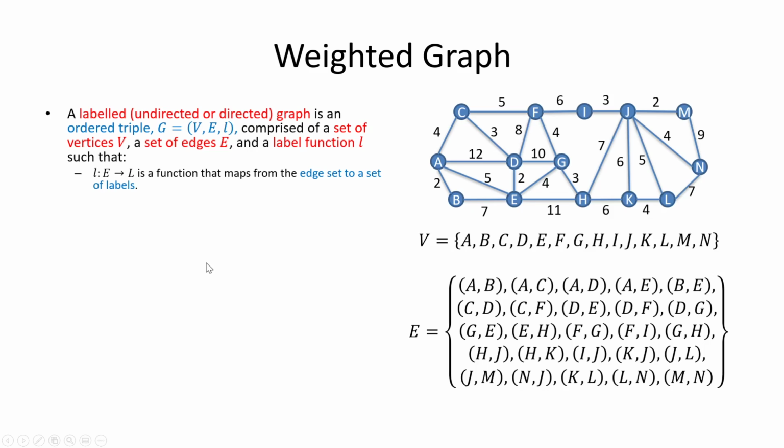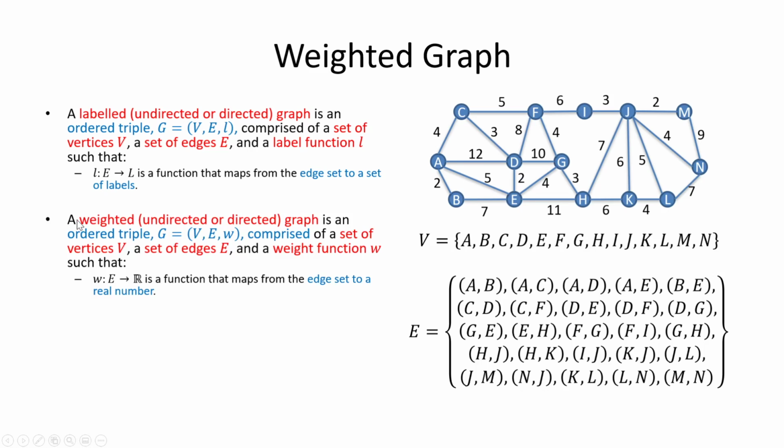Okay, a sort of third kind of graph, if you like, although it can be applied to both undirected and directed, is when we want to add some labels to the graph. And when we want to add labels, more often than not, we want to add labels to the edges, not the nodes. So here I've got a graph with some numerical labels, although when they're numerical, we usually call them weights.